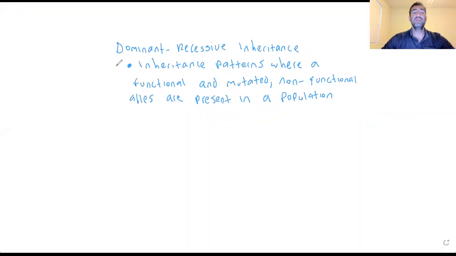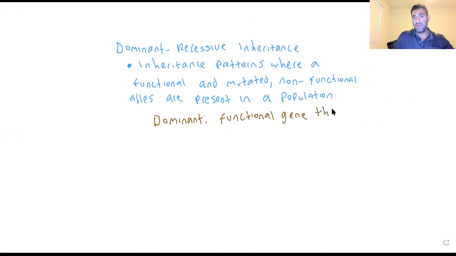All right, so what this means is that dominant and recessive inheritance is one allele is functional and the other allele is non-functional. Meaning that the allele that we call dominant, which we assign a capital letter to, is a functional gene that creates a functional protein.